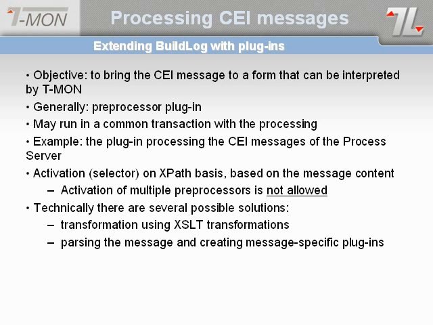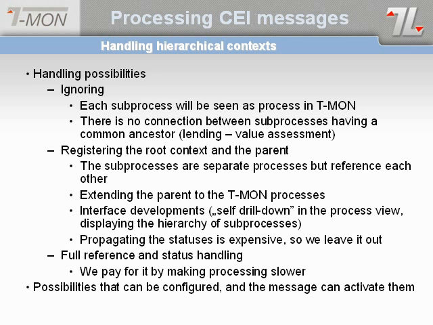This means that we should be able to transform an external message, for example a CEI message, into a TMON message in one step. There are several solutions from a technology point of view. We can choose from them practically via configuration. There's one single question remaining in this topic: the handling of hierarchical contexts. We use the solution in the middle for supporting this.